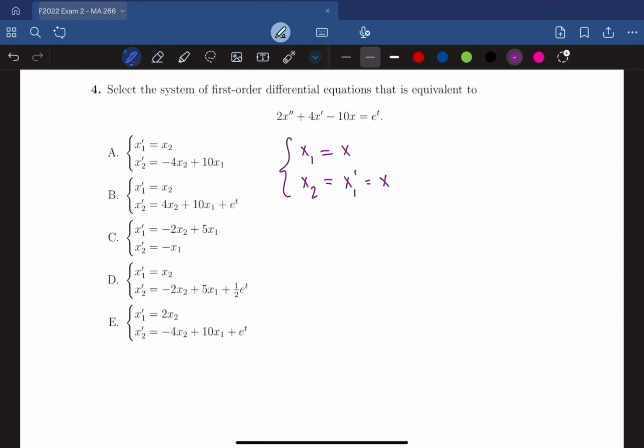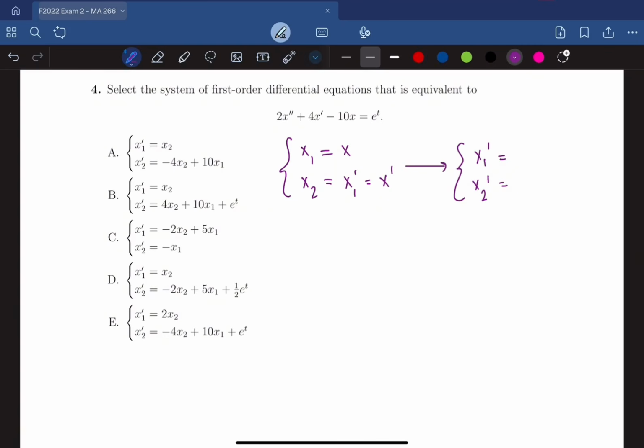And the derivative of x1, if x1 equals x, is going to be x prime, right? So from here, we can take the derivatives of both x1 and x2. So we have x1 prime and x2 prime.